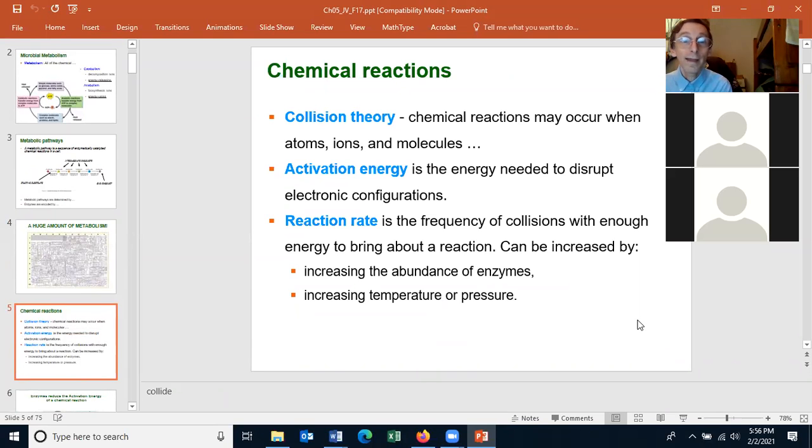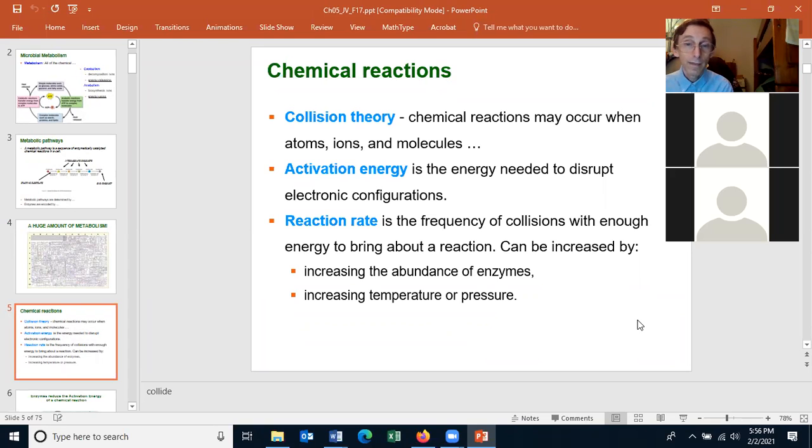Chemical reactions happen because of the collision theory. The collision theory states that chemical reactions occur when atoms, ions, or molecules come together and collide. If they have enough energy in their collision, then the chemical reaction will proceed.